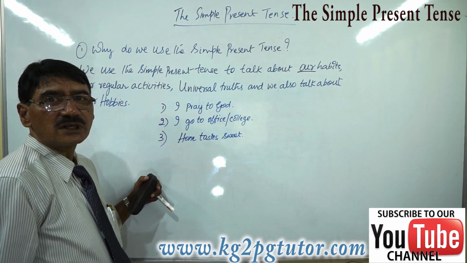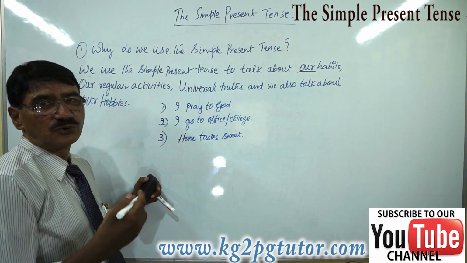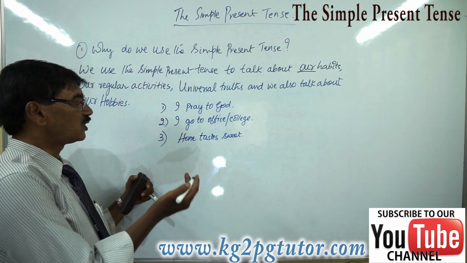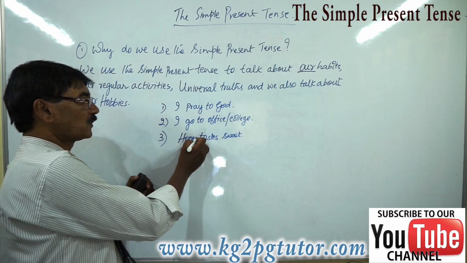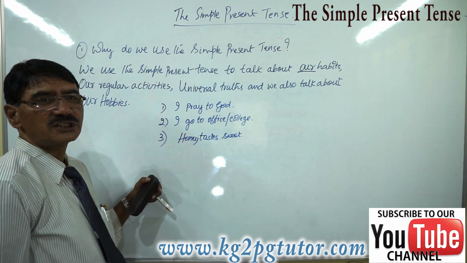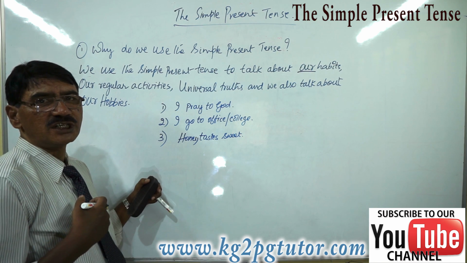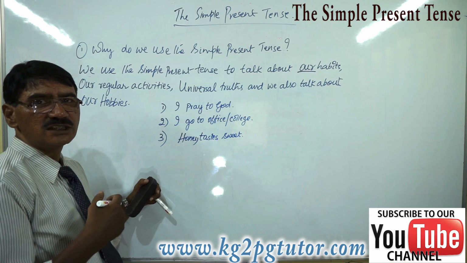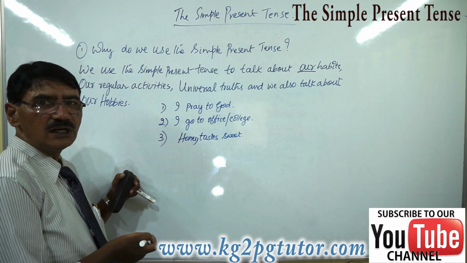Now if you go to Africa, honey is going to be sweet. If you go to America, it's going to be sweet. Now you cannot change. You cannot make honey taste bitter, isn't it? You just cannot change. You and I cannot change. Only God can change it. So what you and I cannot change are called universal truths.